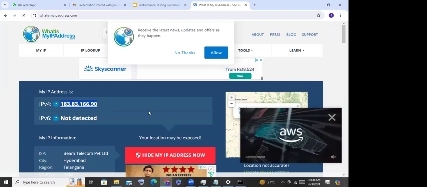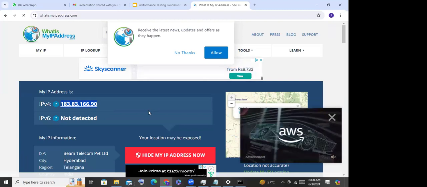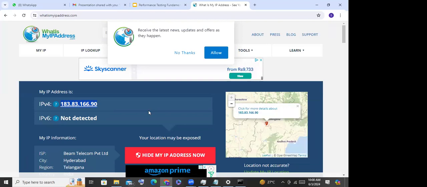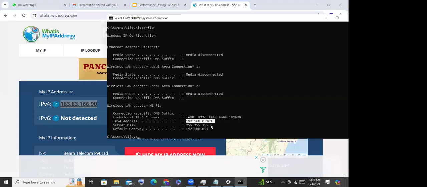If you have 10 devices at your home connected through Wi-Fi, to the external world all 10 devices would have only one IP address. But internally, your router would configure them into different IP addresses. Is that clear, guys?